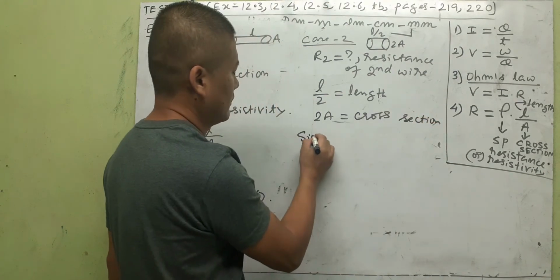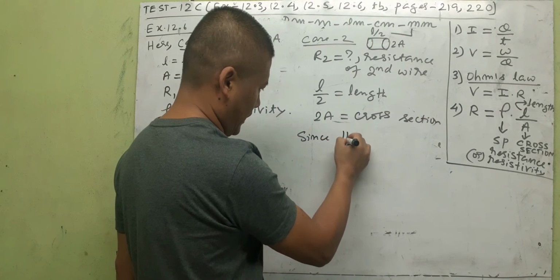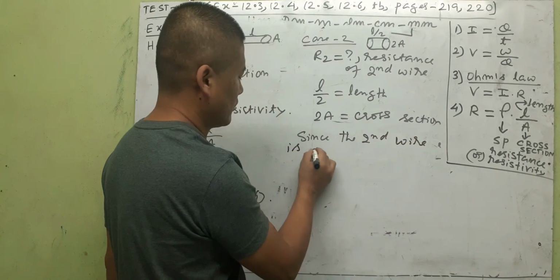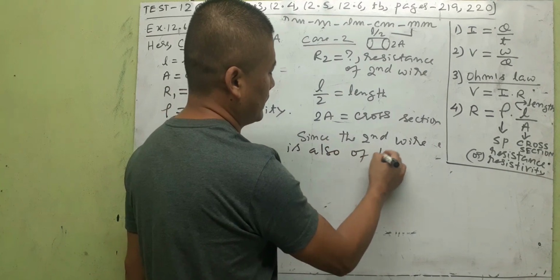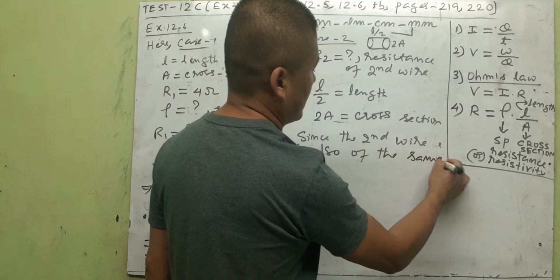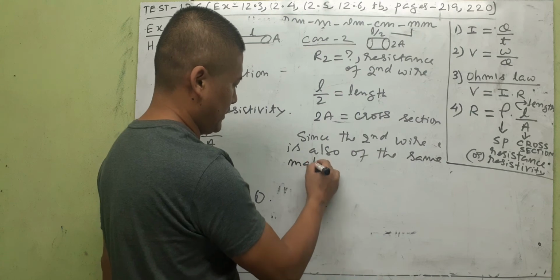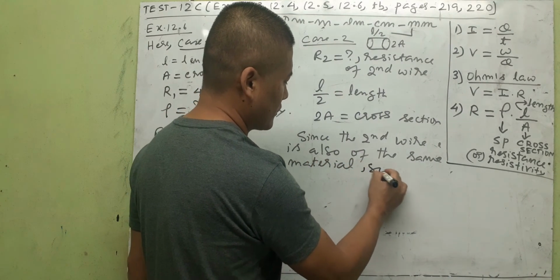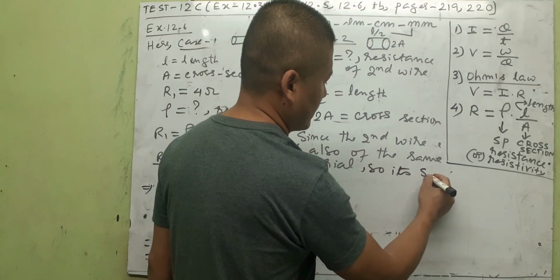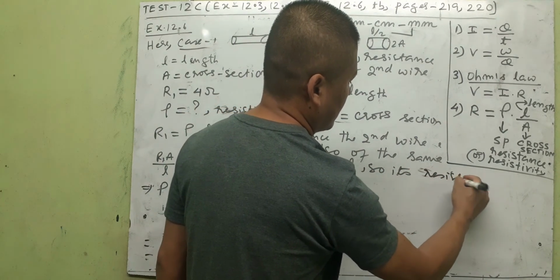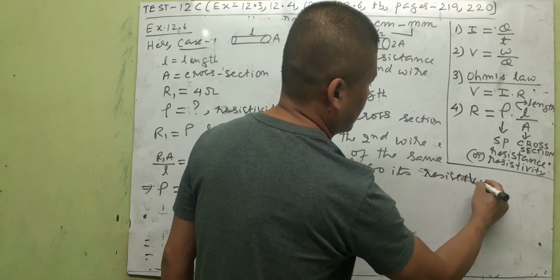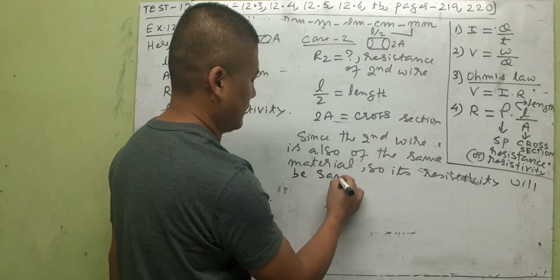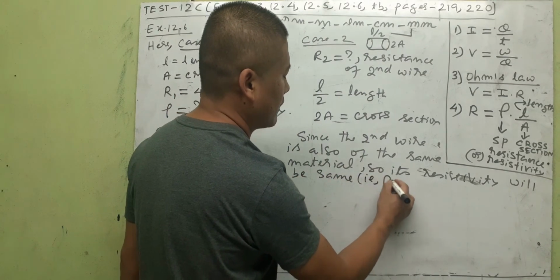So since the second wire is also of the same material, the question is saying that, same material, therefore its resistivity will be the same, that is rho.